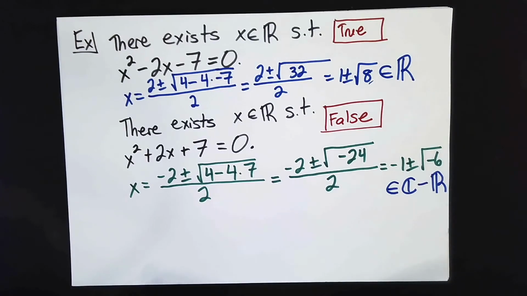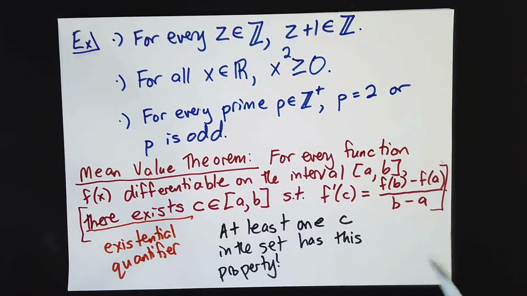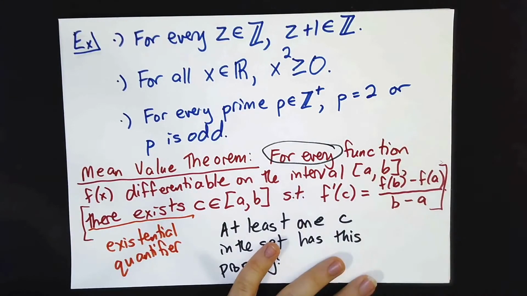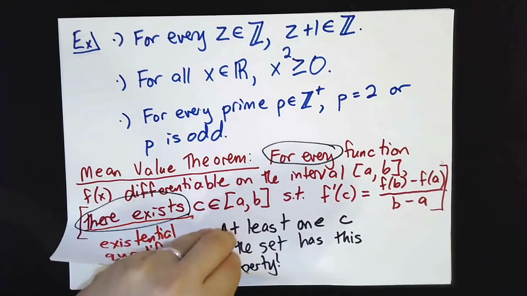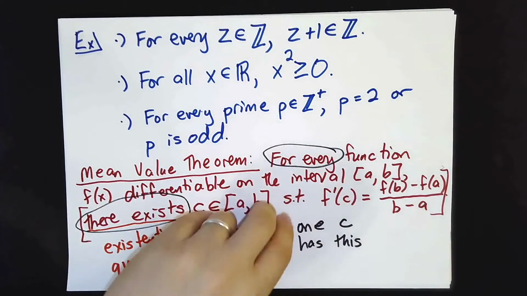Now, it should be emphasized that quite often in practice, these quantifiers get stacked together. We already saw one example of that with the mean value theorem before, where this is a for every statement, and inside the for every statement was a there exists statement. But I'm going to do a bunch more examples of this so we get comfortable with how these things work when you stack them together.